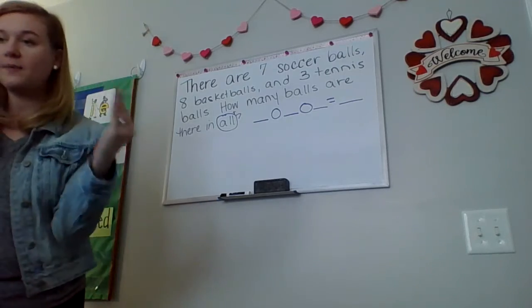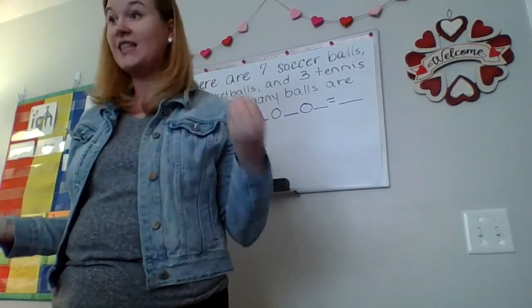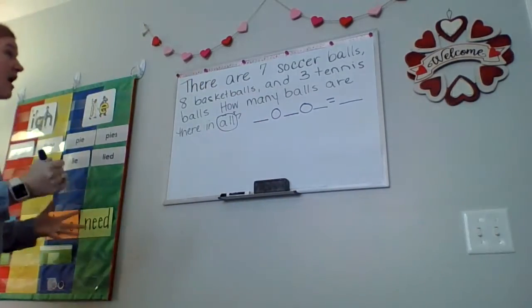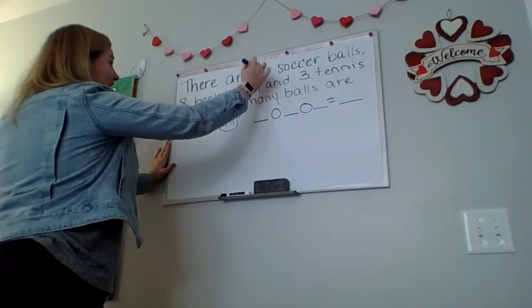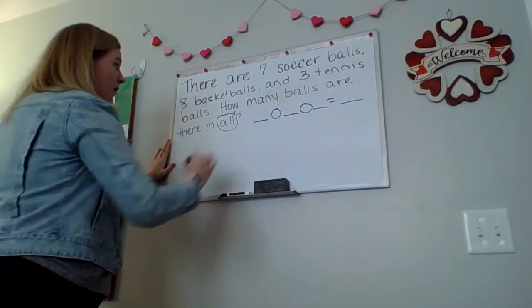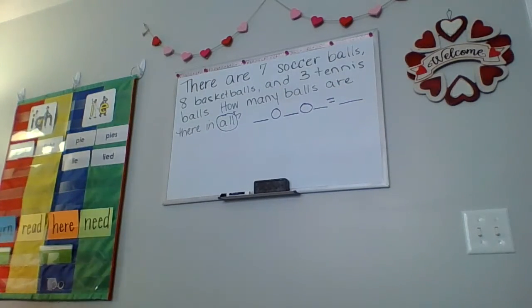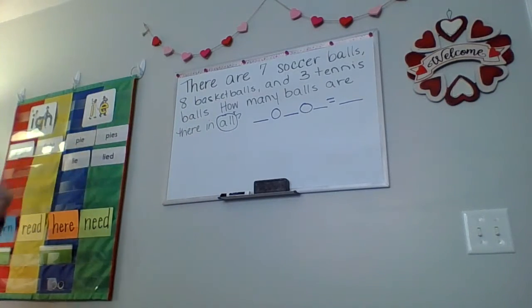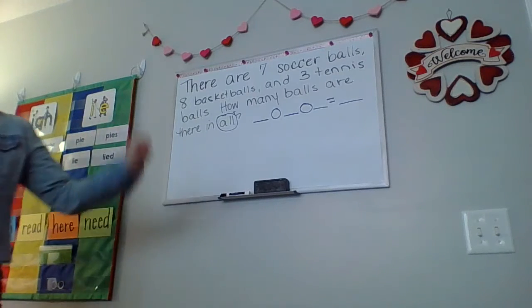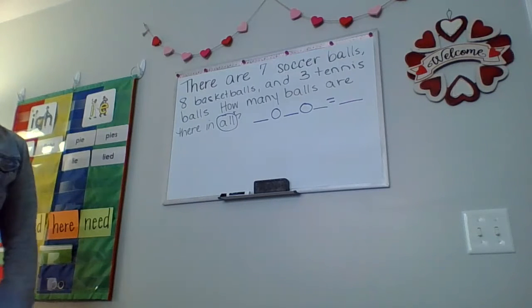So in all typically means that we are finding the sum of the numbers, right? So the sum is the answer to an addition problem. So we are adding those 3 numbers together. So I would like to see your equation for this word problem. There are 7 soccer balls, 8 basketballs, and 3 tennis balls. How many balls are there in all?